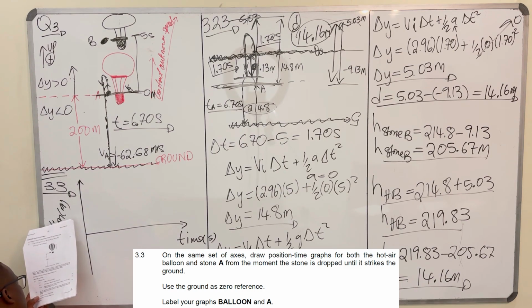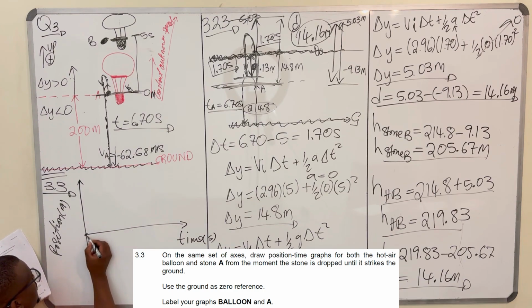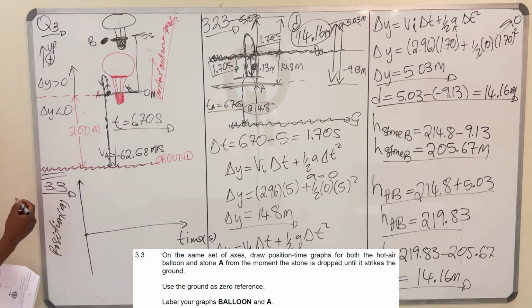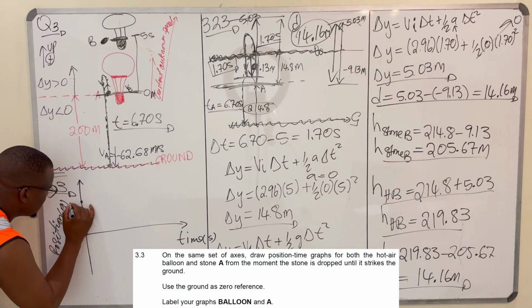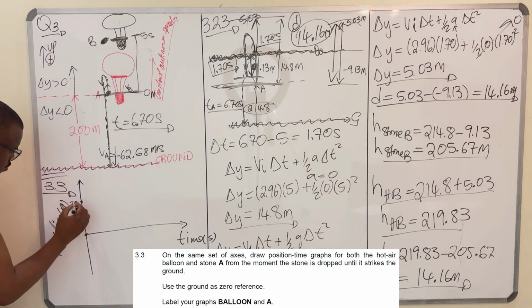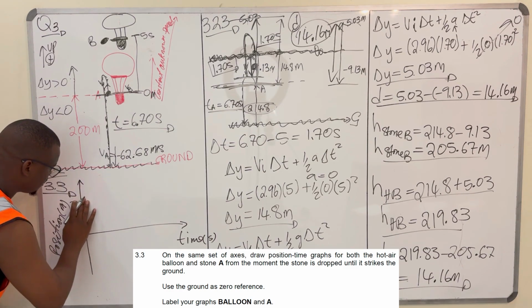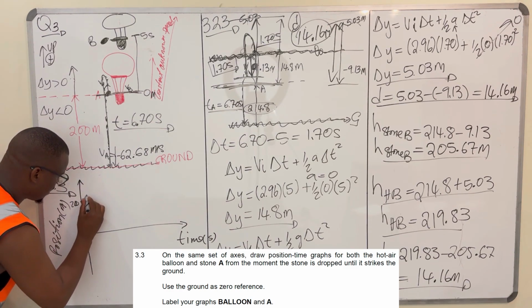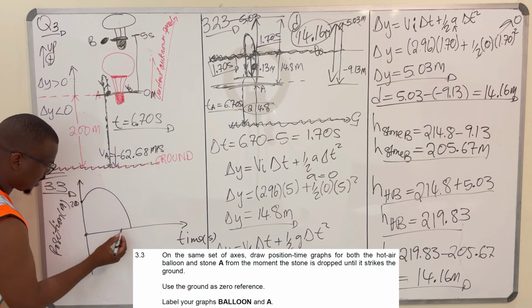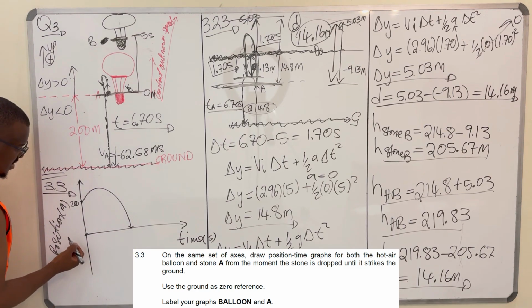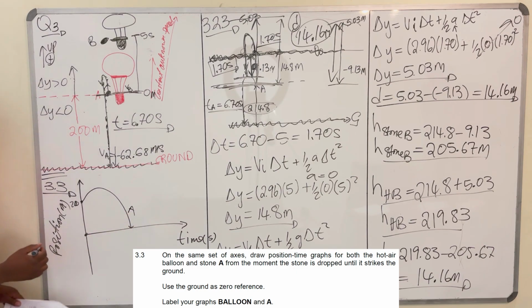They are saying use ground as zero reference. No problem. So this was dropped at 200 meters. This is 200. It went up, so this stone of yours went up and hit the ground, right? This is your A, this is your stone.